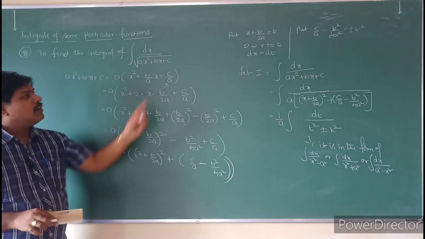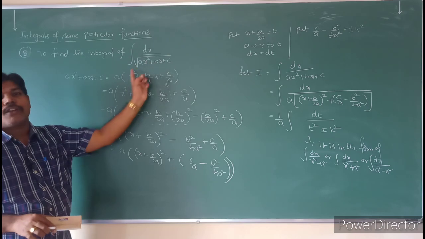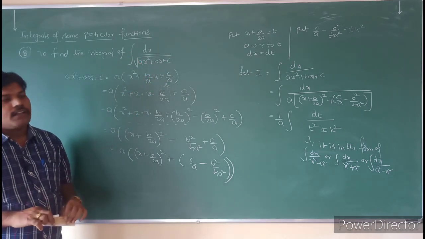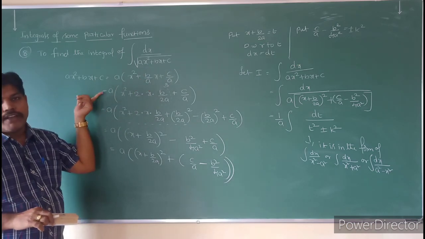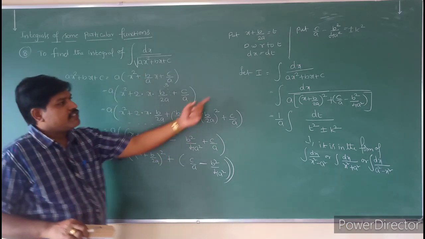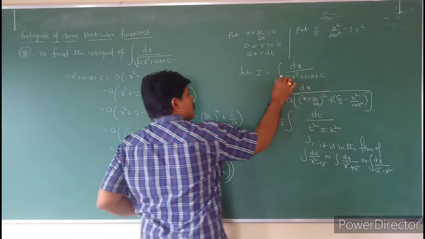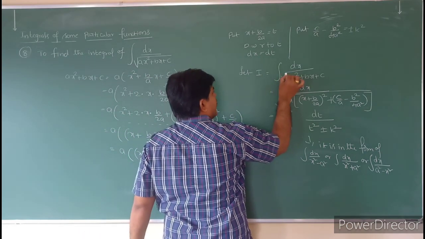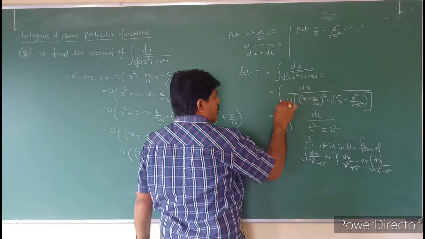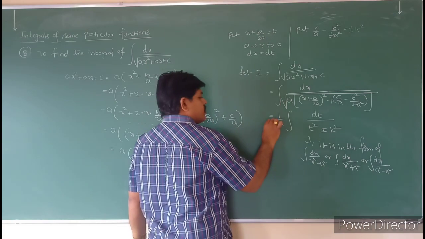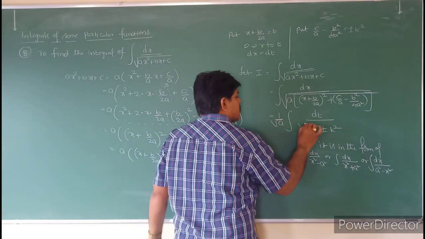The problem is the same, but in the denominator you will get the root. The process is the same. Take the value under the root and simplify it. Then what is the I value? Here the only change is that you have a square root here, and also a square root there.